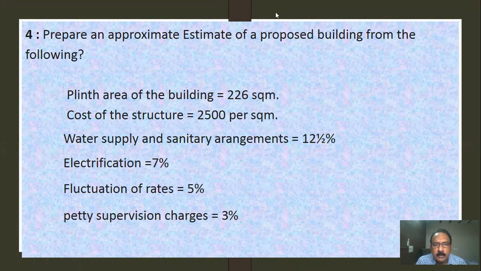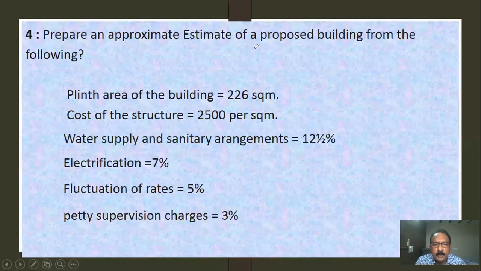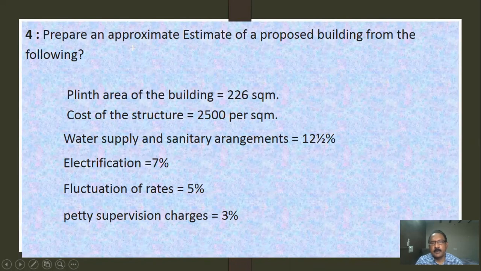Here, one problem. Prepare an approximate estimate of the proposed building from the following data. What is the data given? Plinth area of the building is 226 square meter.